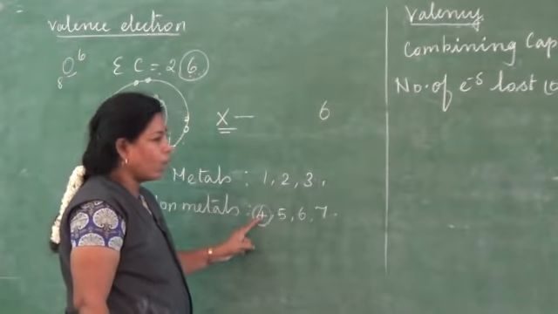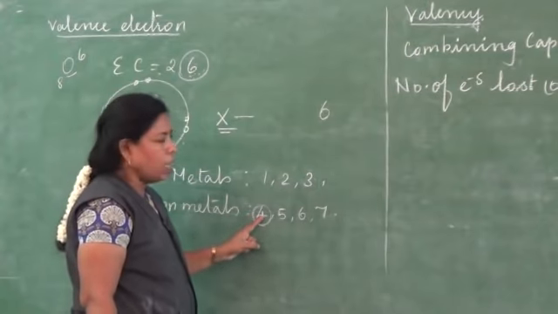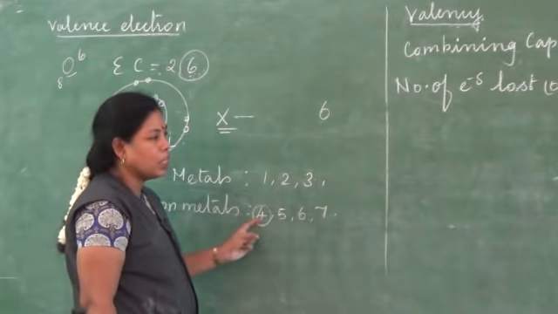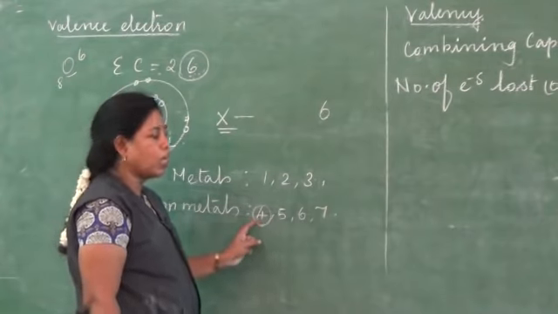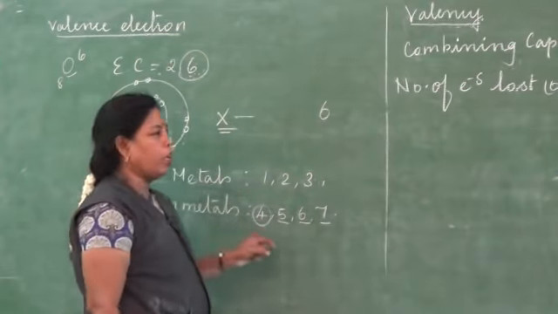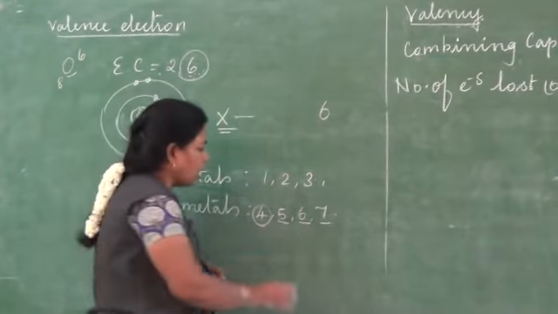For valency 4, they will share 4 of their valence electrons with some other elements. In the case of 5, 6, 7, they will gain electrons.